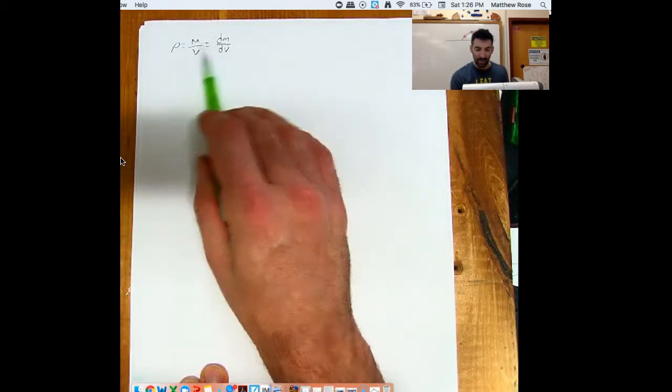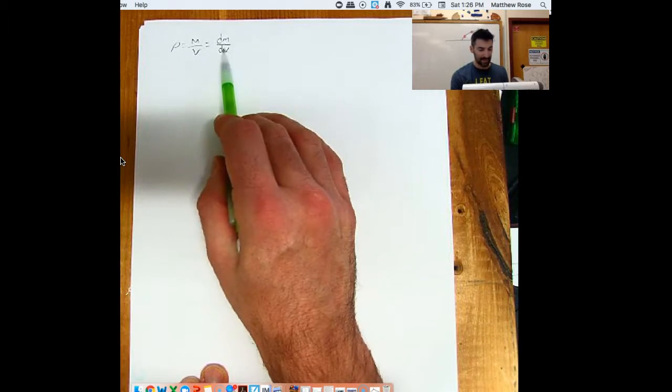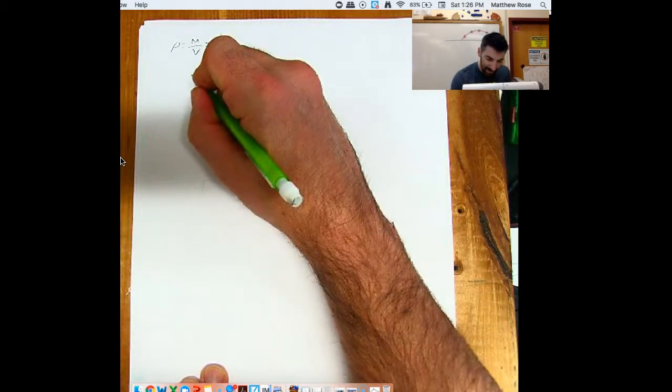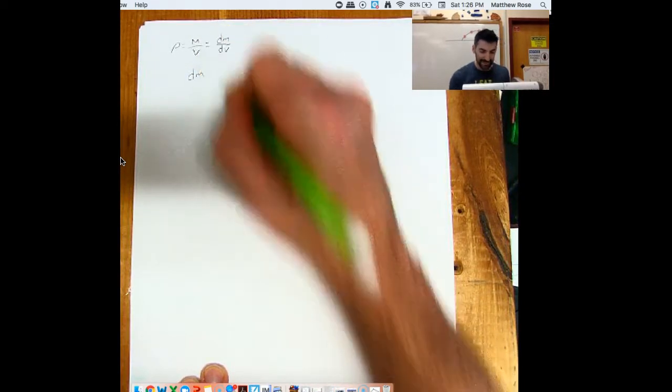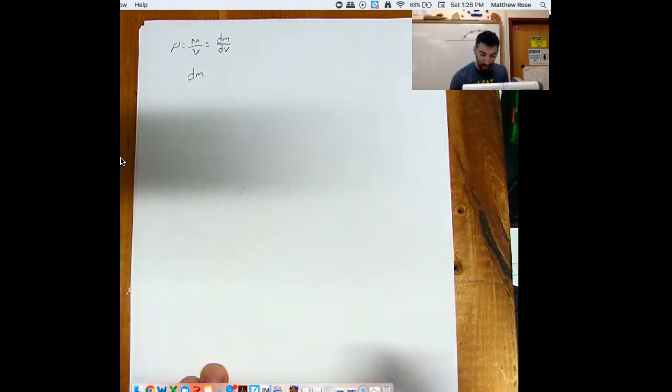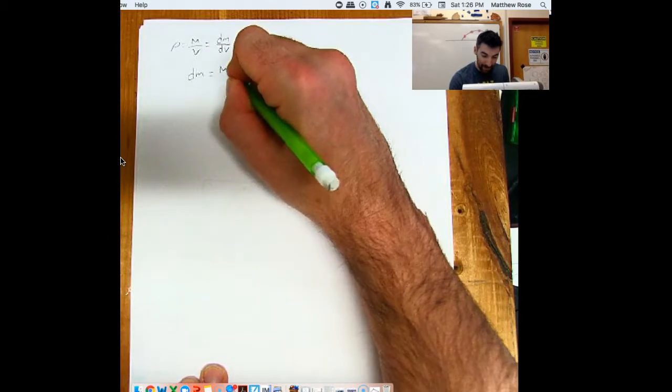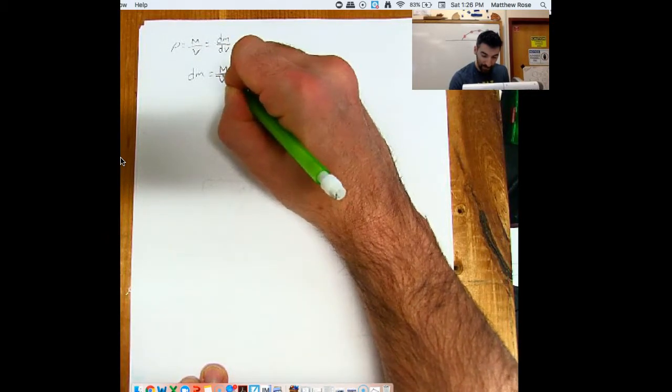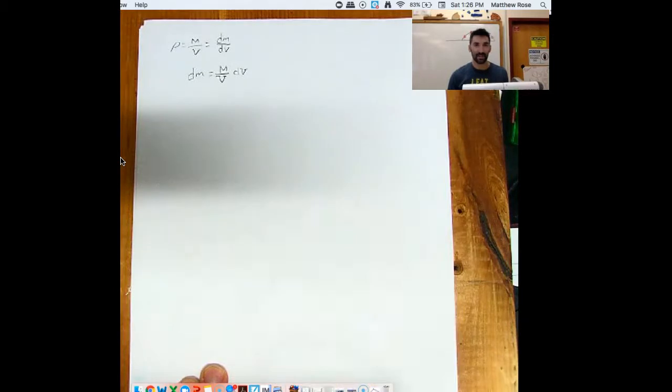This is kind of a trick that we're going to use as we go forward, right? If I look at this, setting up proportionally, m over V is equal to dm over dV, that means I can rearrange and say that my very small differential mass, dm, is equal to my mass per unit volume times dV, right?